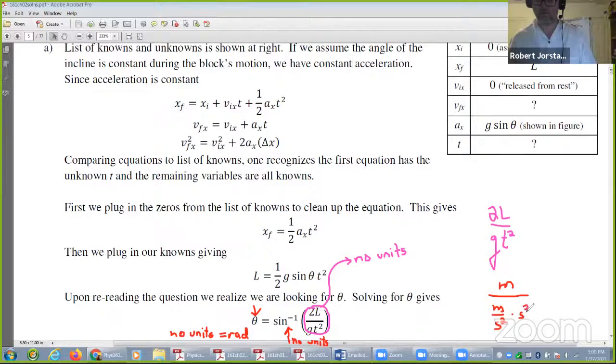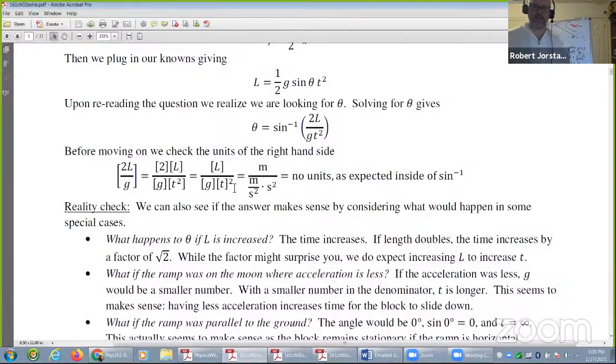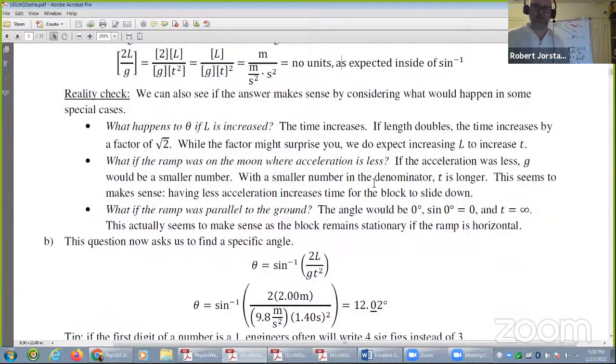We're good to go, right? No units, as it should be. Check. All right. So that looks good. You could do some reality checks. Here are some examples of that. There's the unit check if you didn't see all that. All right, so that's pretty good.